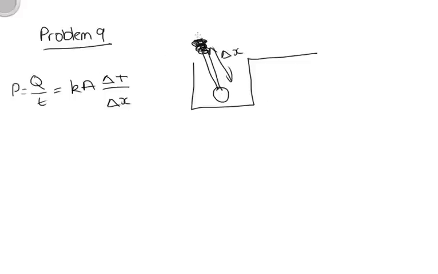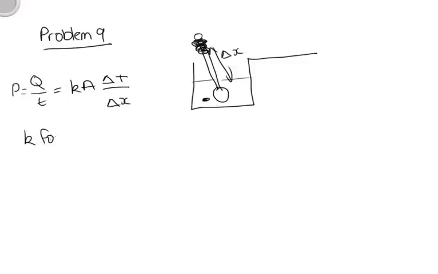A is your cross-sectional area, which will be the same for the wooden spoon or the metal spoon. The change in temperature will be the difference in temperature between this end, the hot liquid, and this end, the air. And so what's different between the wood and the metal is this thermal conductivity constant here.